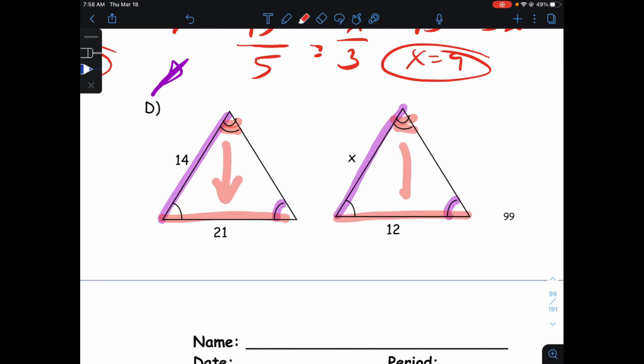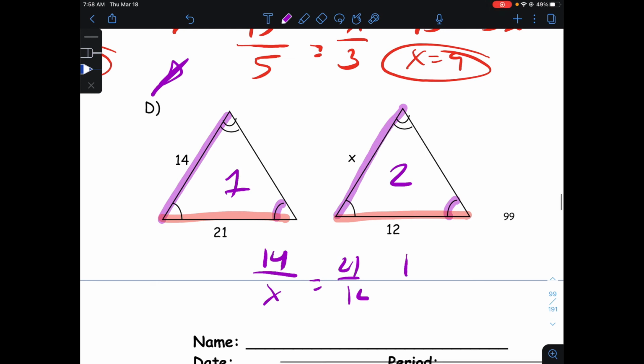You see how like right across, that means that those are corresponding. All right, perfect. So we'll label it triangle 1, triangle 2. If you labeled it differently, no worries. You should still get the same answer. 14 over x equals 21 over 12. You cross multiply, 12 times 14 gives you 168. 21x divided by 21. And I got 8.